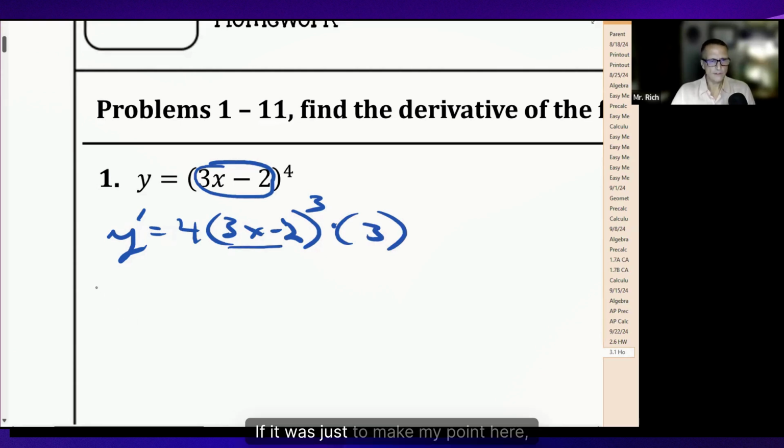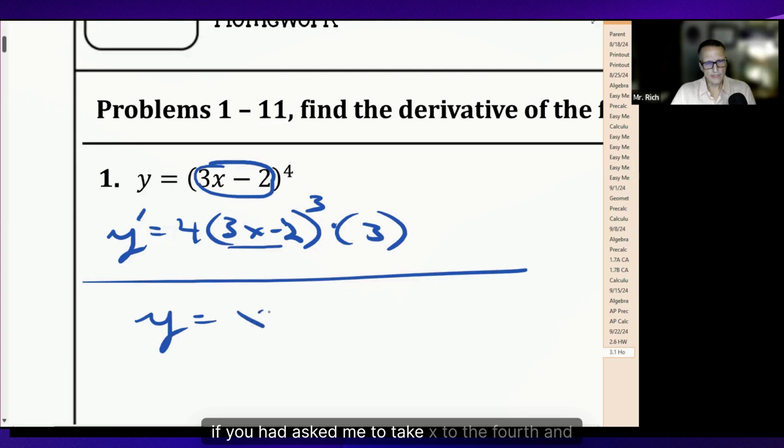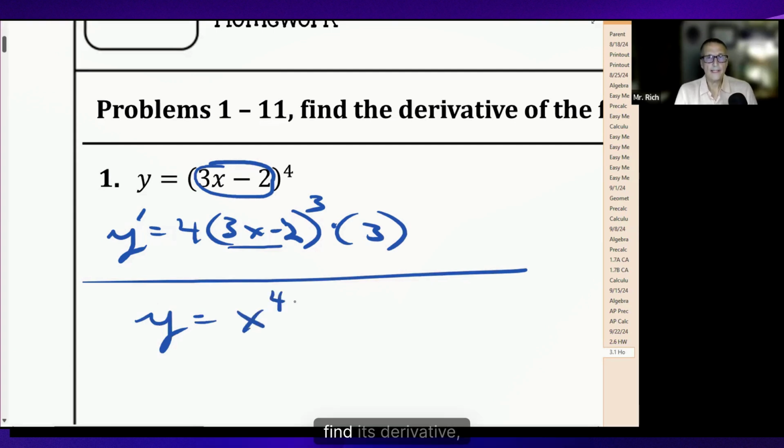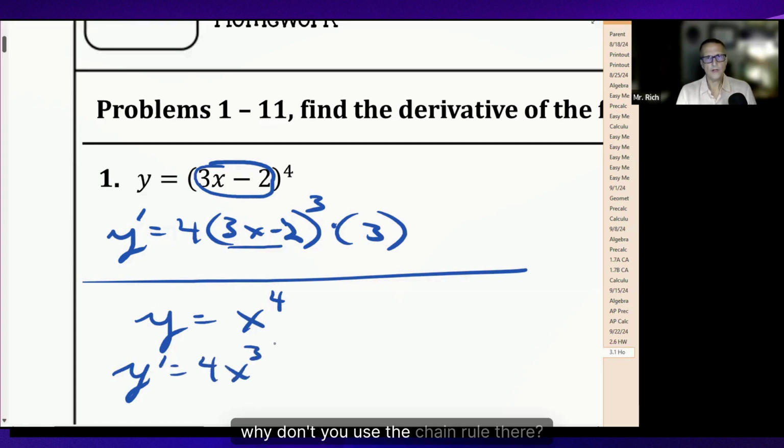Right? Just to make my point here, if you had asked me to take x to the fourth and find its derivative, no sweat, I would use the power rule. It would be 4x to the third. Now, you say, why don't you use the chain rule there? Well, in a sense, I am, because the inside part is x. So 4x to the third, but the derivative of x is 1.